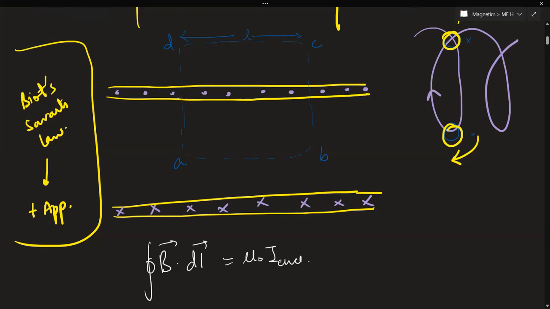What's the angle formed between dl and the magnetic field? The magnetic field is coming out of the plane, and your loop is straight like this.